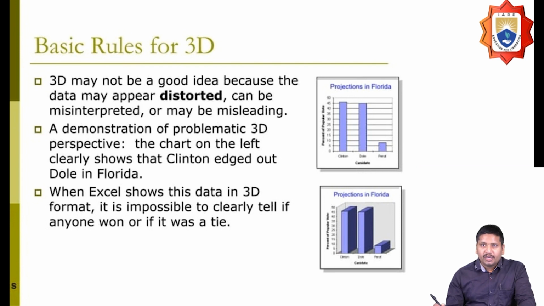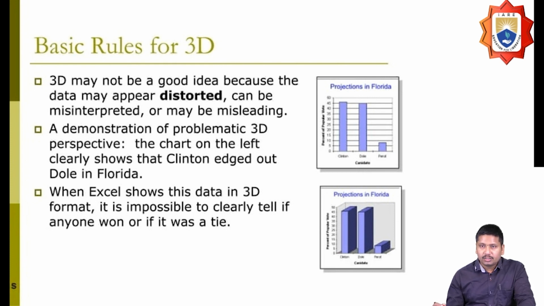So what are the basic rules for 3D? 3D may not be a good idea because the data appear distorted and can be misinterpreted, or may be misleading. The demonstration of problematic 3D perspective is that the chart on the left clearly shows the edge.